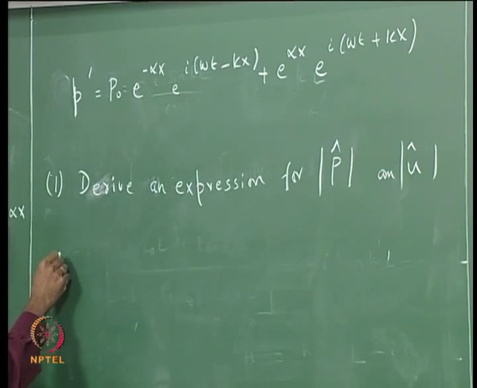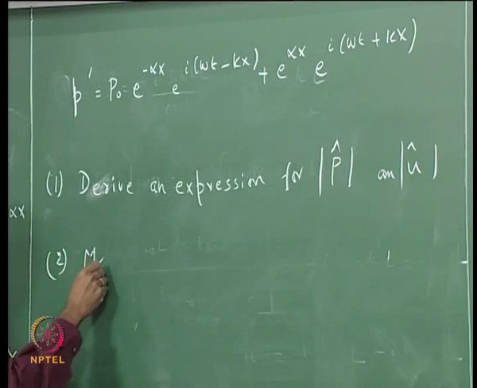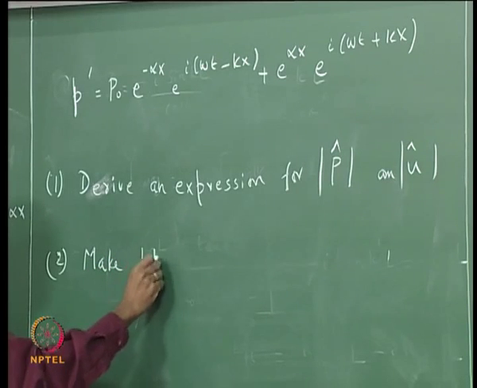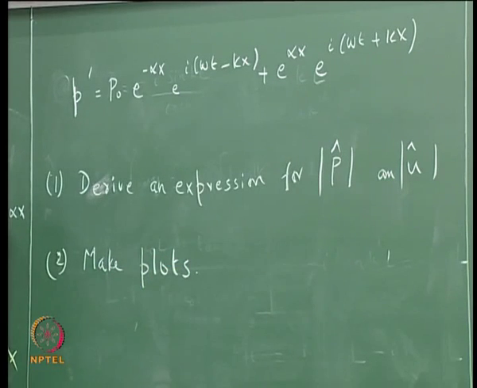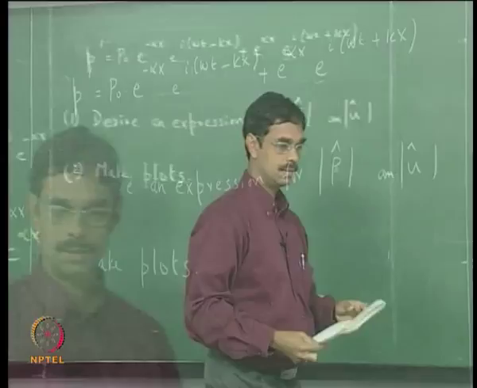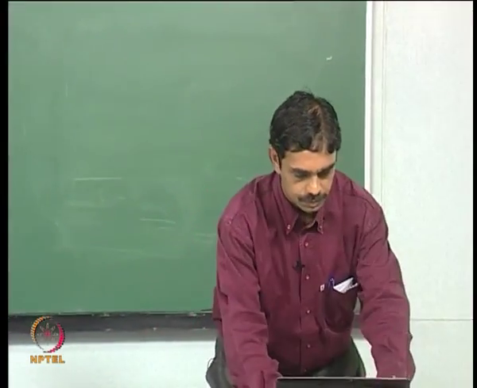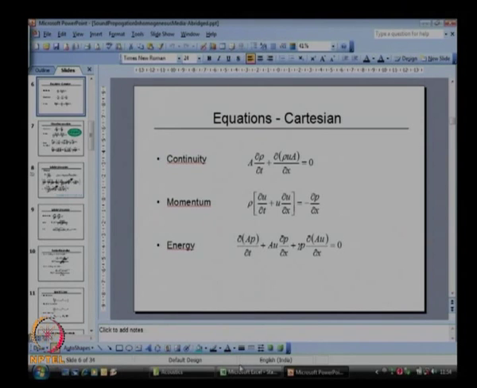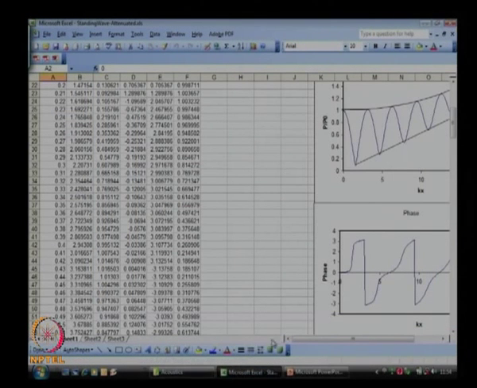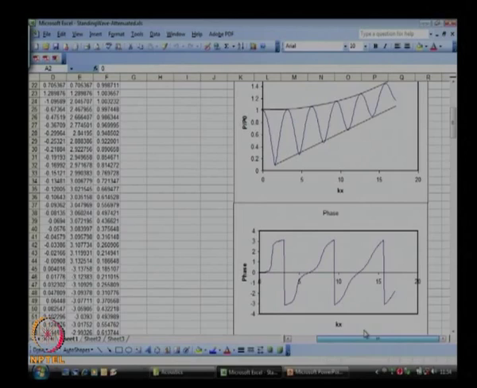and the second thing would be to make plots, and I will show you some sample plots now. So over here would be a plot of pressure amplitude versus distance.